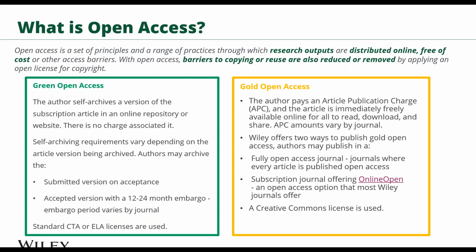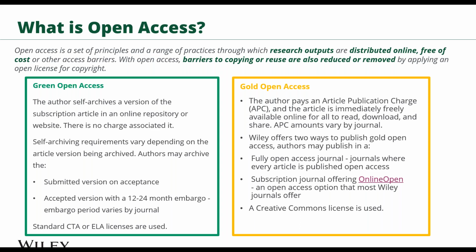Firstly, we have green open access. Green open access is where the author self-archives their article in an online repository or website. It will then be available for free, and the article will still exist behind a paywall on the publisher's website. However, there are some restrictions around when an author can do this, and these will vary depending on your subject area or your publisher.